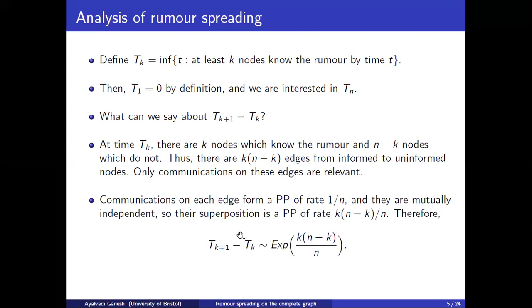Okay, so Tk plus 1 minus Tk is the time until the first increment of this aggregate Poisson process. The Poisson process has this rate. The times between increments are exponential with this parameter. So the time until one more vertex learns the Rumour is exponential with this parameter k times n minus k over n. Okay, so this tilde symbol here just means that this random variable is distributed like this.